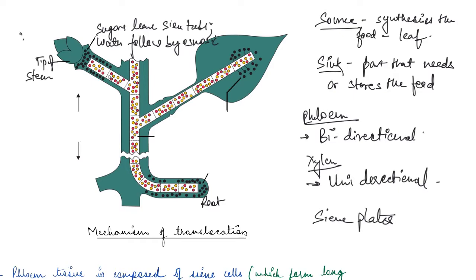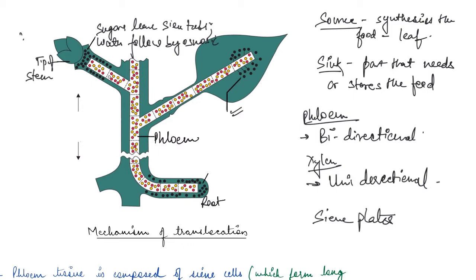Again, the same is happening here as well. The turgor pressure is increasing, right? So basically, the sugar is entering the sieve tube, and because of high concentration of sugar, water is following by osmosis, right?